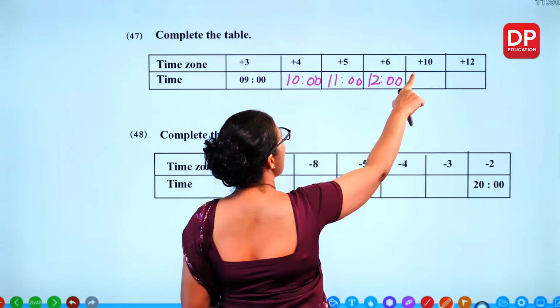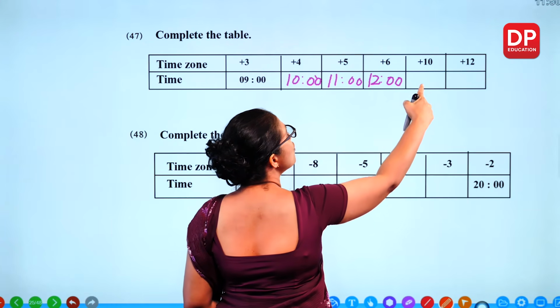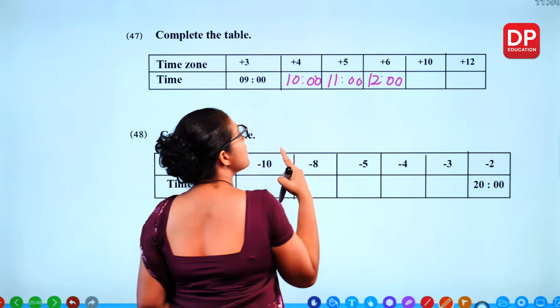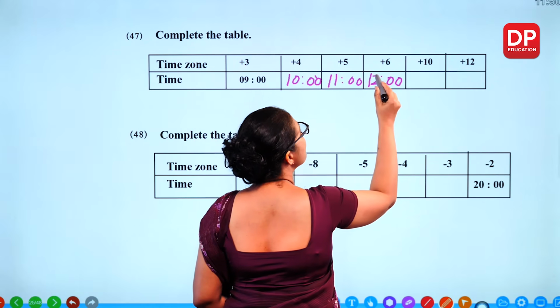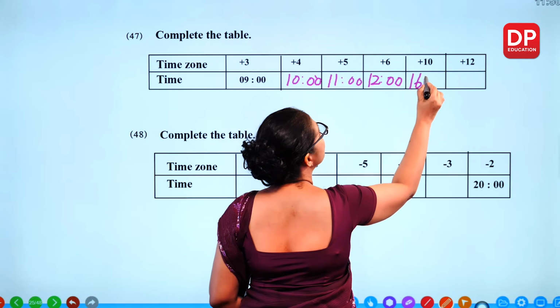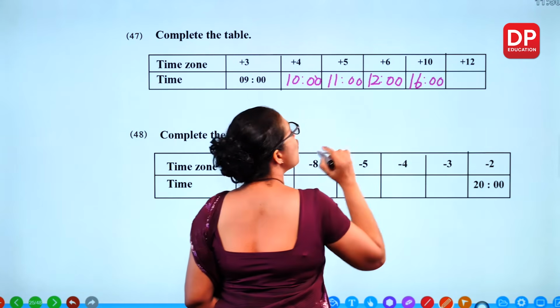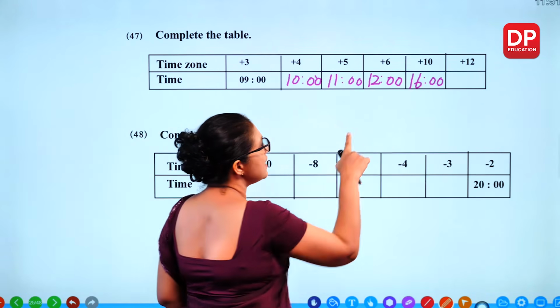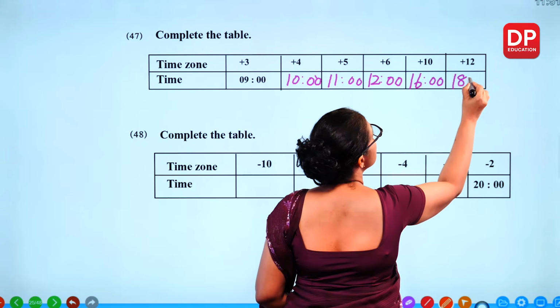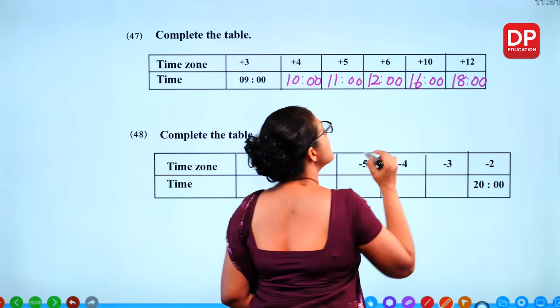Plus 10 now. Add another 4 to this: 6 and 10, the difference is 4. When you add 4 to that, you get 16. That's 4 p.m. Then another 2 hours adding, you get 18. That's 6 p.m.